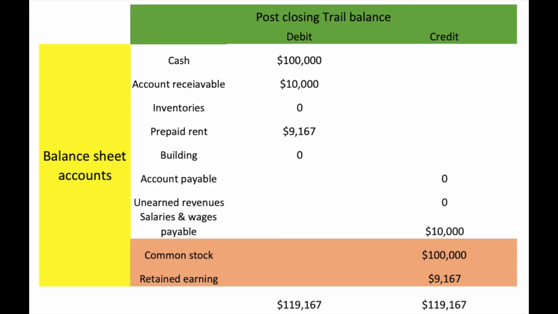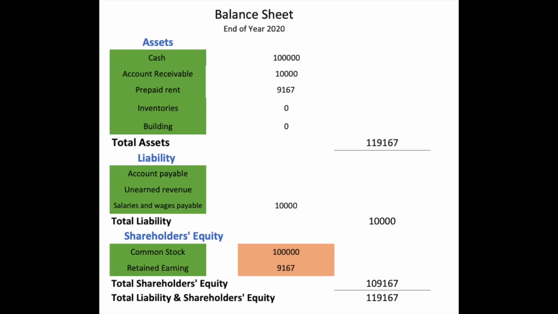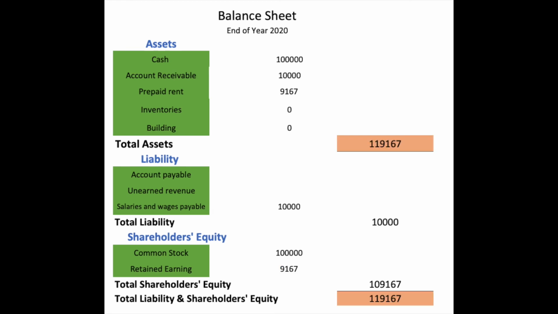Finally, stockholders' equity accounts should be moved to the bottom of balance sheet. Total assets equals total liabilities and shareholders' equity.